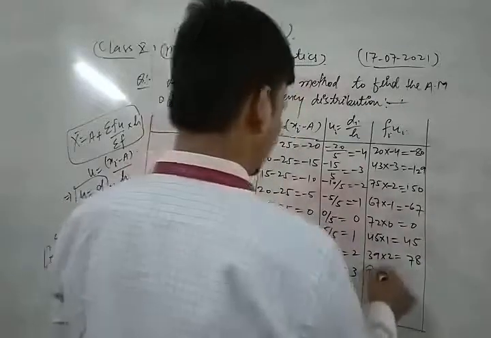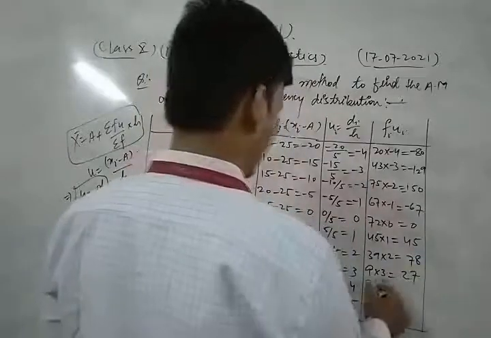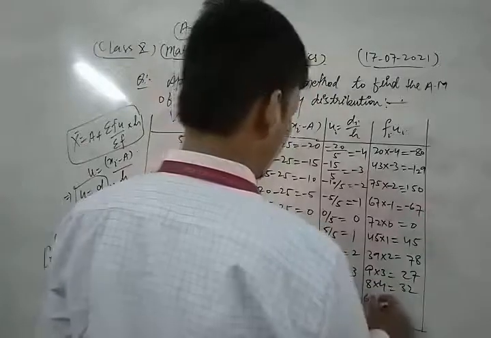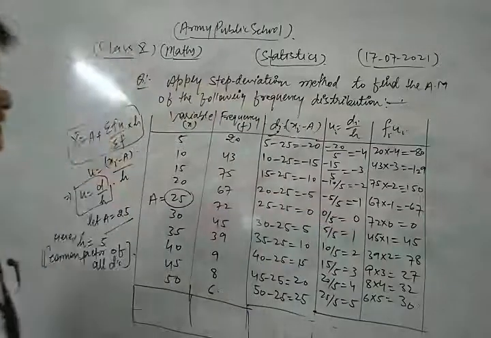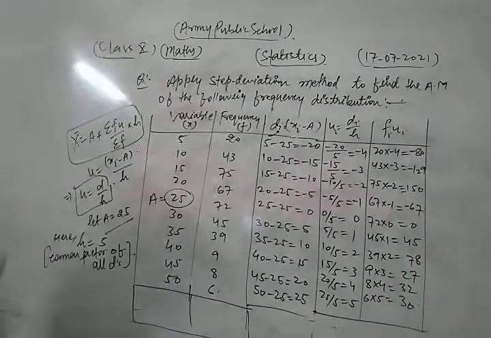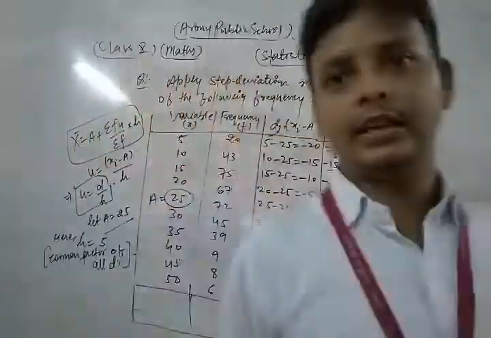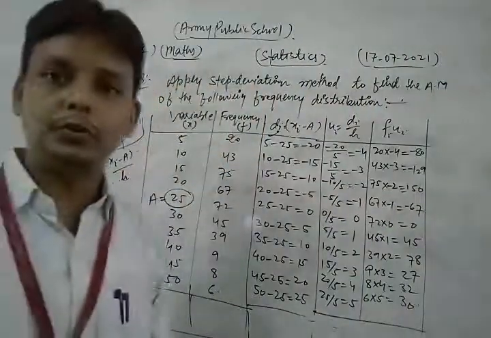Now 9 into 3, plus 27. 8 into 4, that is plus 32. 6 into 5, that is plus 30. Okay, so dear students, in this way we also find the value of f into u.